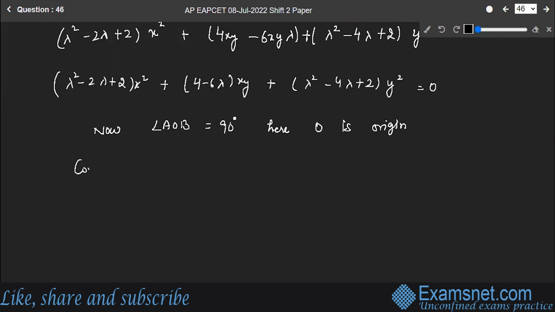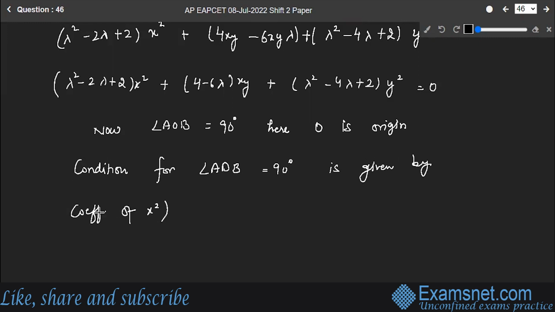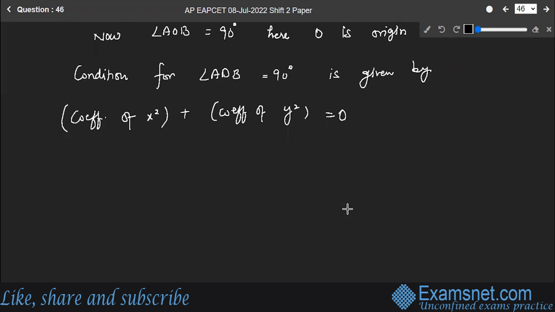So the condition for angle AOB to be 90 degrees is given by coefficient of x square plus coefficient of y square is equal to 0. What is the coefficient of x square? It is lambda square minus 2 lambda plus 2 plus lambda square minus 4 lambda plus 2. This is equal to 0.